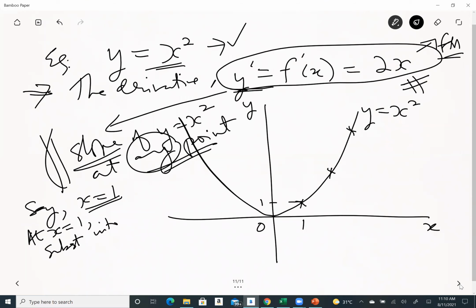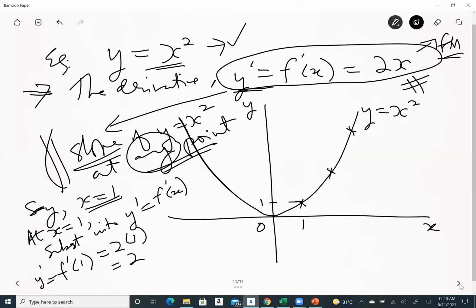Substitute into y prime equal to f prime of x. To see that better, I use f prime, so f prime at 1, because that is where x equal to 1. And that is equal to 2 times 1, that is 2. So you know the derivative is 2.